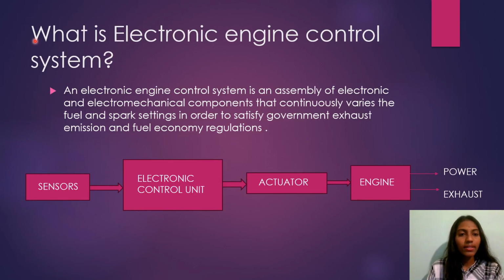Now we'll discuss what is electronic engine control system. An electronic engine control system is an assembly of electronic and electromechanical components that continuously varies the fuel and spark settings in order to satisfy government exhaust emission and fuel economy regulations.